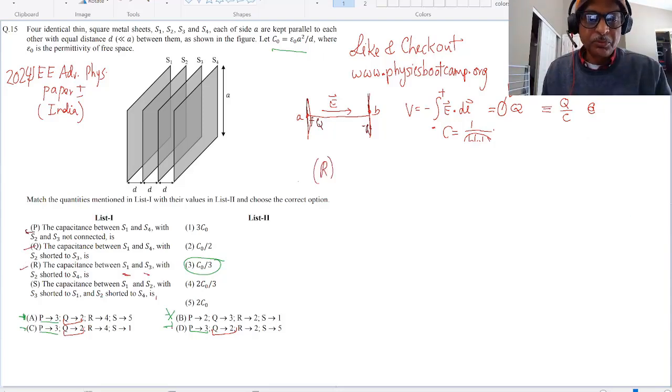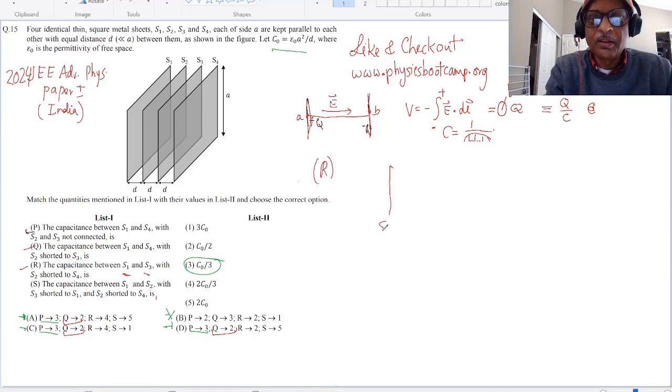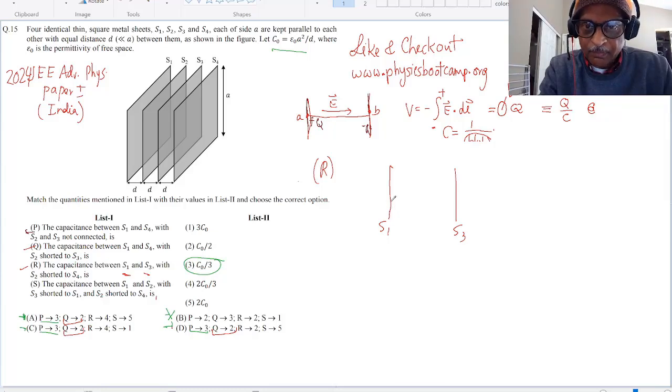Okay, so to do R, we're going to look at the plates as follows. So it's between S1 and S3. S1 and S3 will have charges spread on them because they're not connected to any other plates.